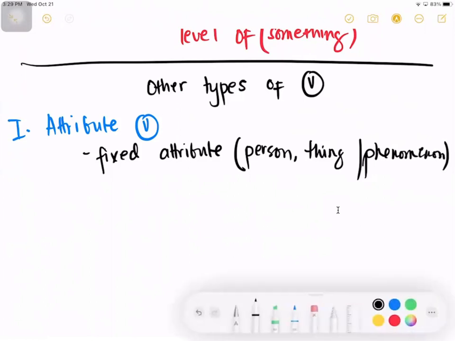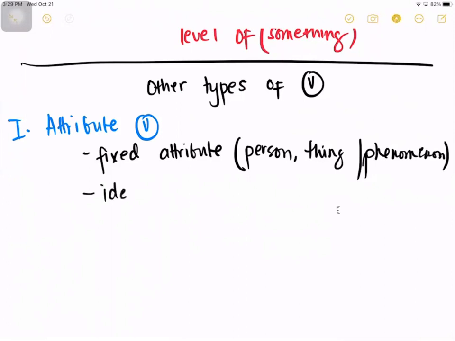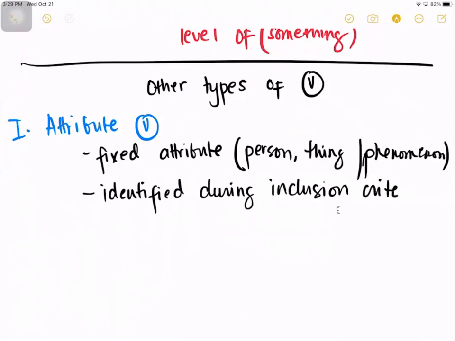Class, remember that we usually identify an attribute variable when we want to set criteria. So this is identified during inclusion criteria setting. Let me talk about what we mean by inclusion criteria setting.